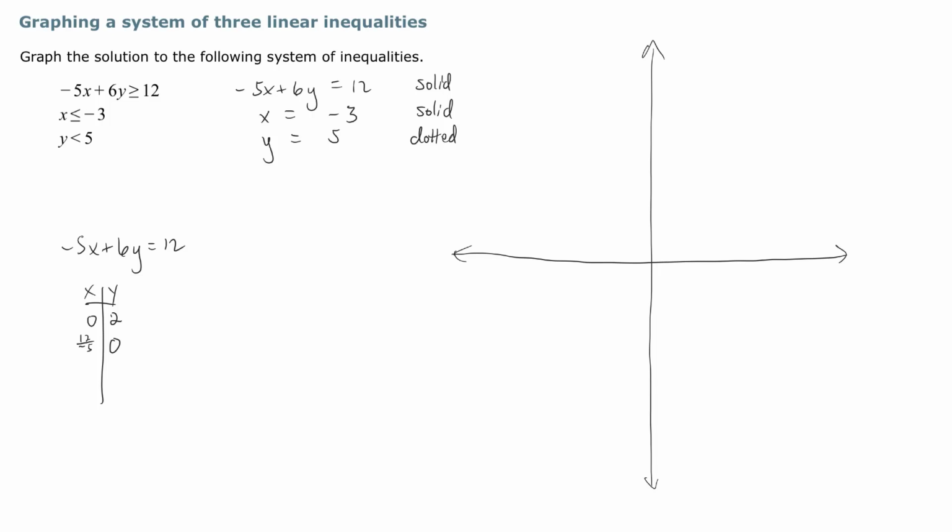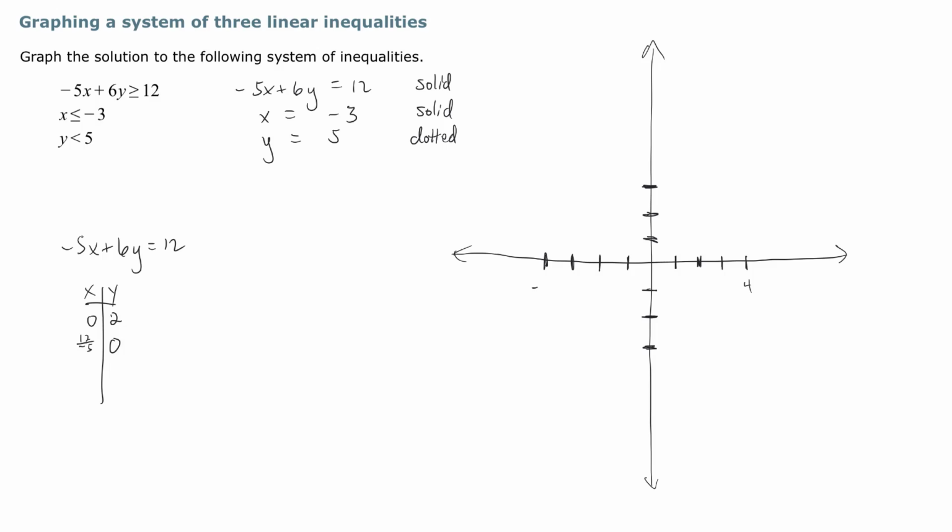That's about negative 2 2/5. No problem. So let's draw some values here. Do the best you can. Always graph by hand for these problems. These are not terribly difficult.